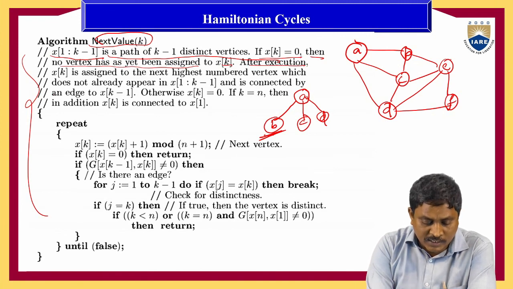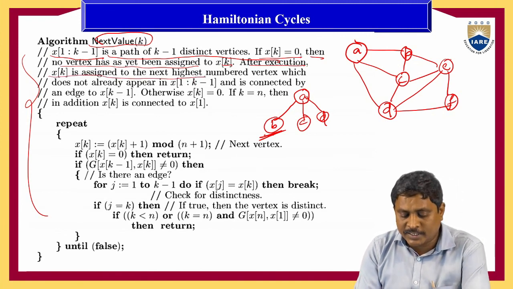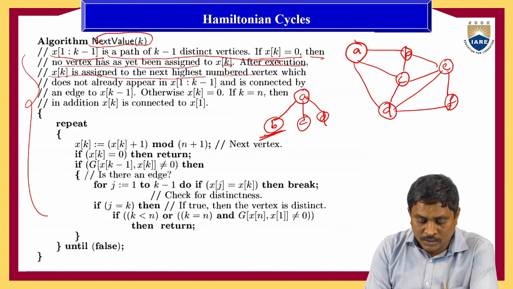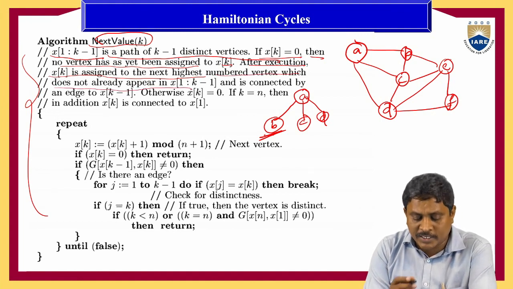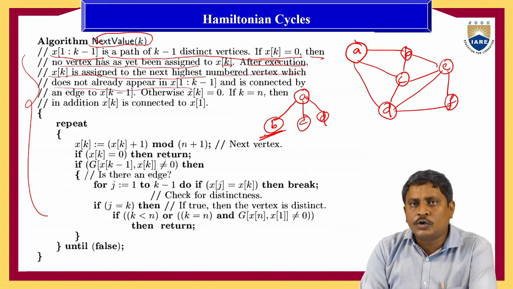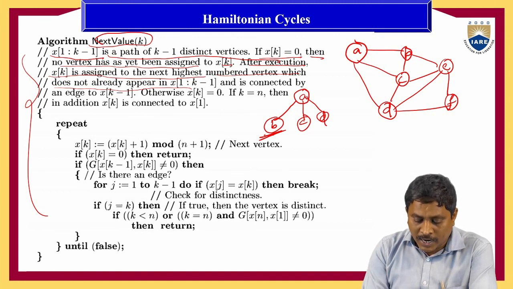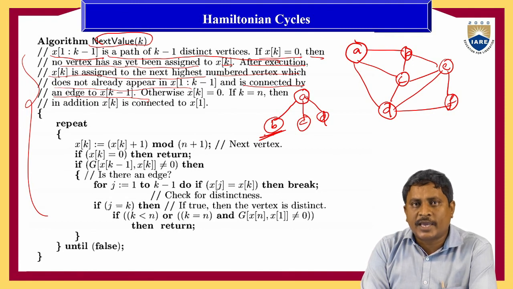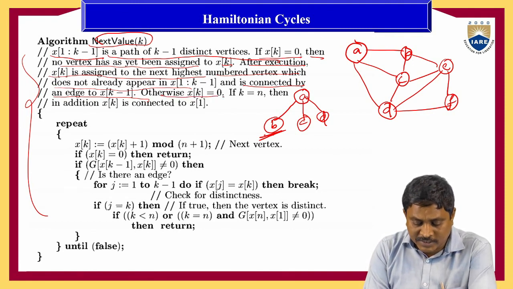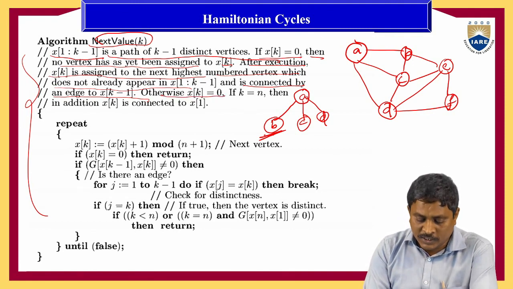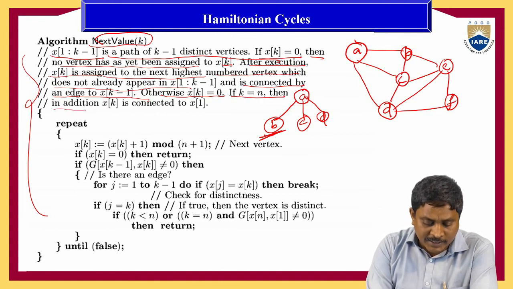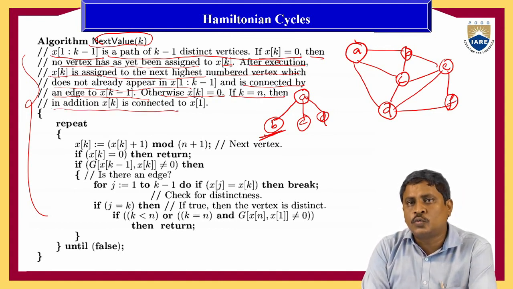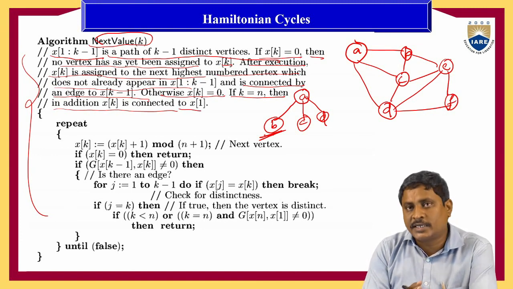After execution, x of k is assigned the next highest numbered vertex which does not already appear in x of 1 to k minus 1 and is connected by an edge to x of k minus 1; otherwise x of k equals 0. If k equals n, then in addition x of k is connected to x of 1. So in this way we are connecting the adjacent vertices.